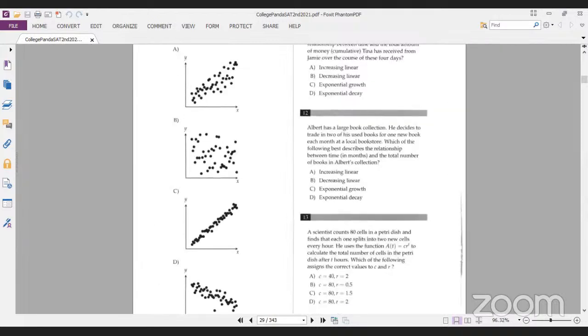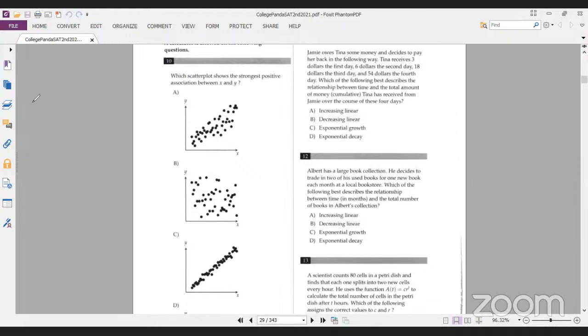He wants us to choose the strongest positive. This one should be negative, maybe it can be positive as well, but more likely negative because the points are very far from each other and the variance is very big.